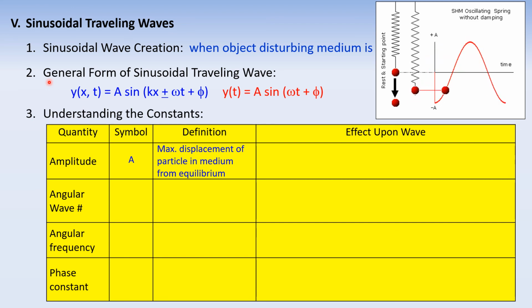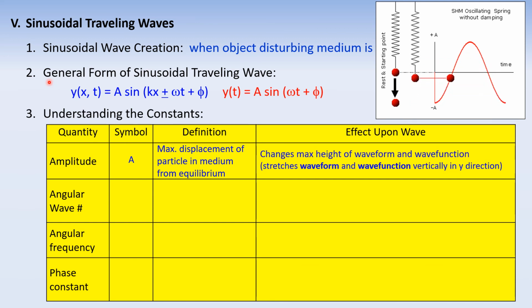So that would, in the waveform, represent the wave crest or wave height from the midpoint of the wave. What effect does changing A have on the wave itself? It basically changes the maximum height of the waveform and the wave function. It stretches the waveform and the wave function vertically in the y direction. That is the effect of changing the amplitude A.